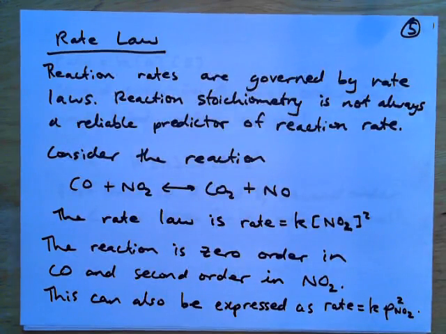So the rate law. The measure of the rate is really like a car speedometer. If you drive along and you're doing 60 miles an hour, that speedometer is telling you how fast that car is traveling. Now, depending on where you are driving, you will have different speed zones.